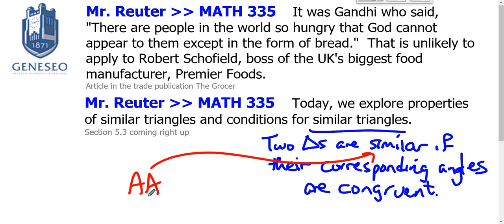So if you know that two pairs of corresponding angles are congruent, then by subtraction from 180, the third pair of angles must also be congruent. So if you can get in a Euclidean geometry two pairs of corresponding angles congruent, you've got similar triangles. That's not true outside of a Euclidean geometry.